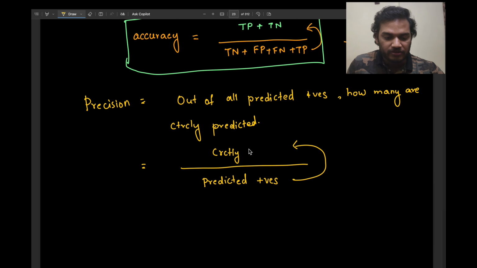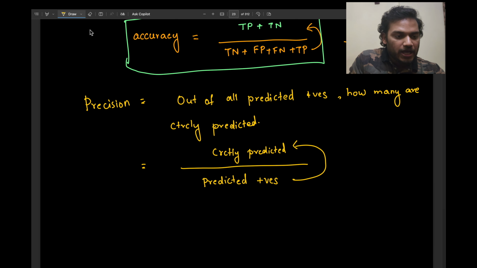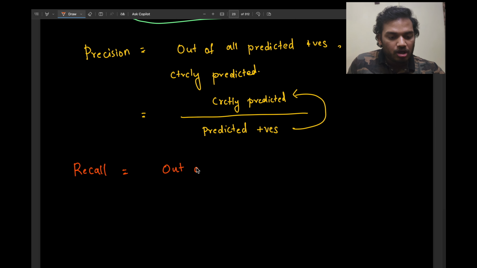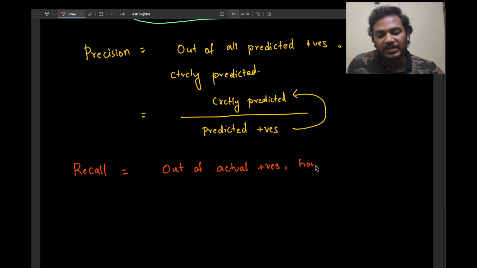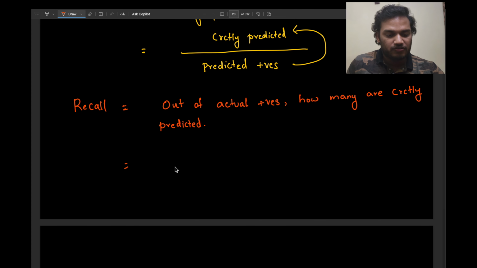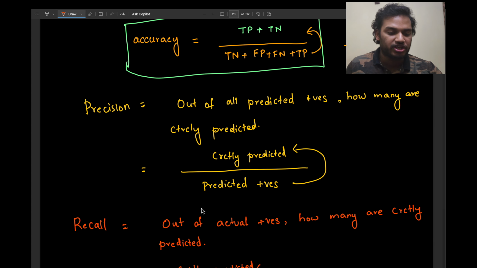So this is about precision. Now let's see what recall is. Recall is out of all actual positives, how many are correctly predicted. This is my recall definition. In the denominator, we'll have all the actual positives. And in the numerator, out of all of these actual positives, how many are correctly predicted. This is about precision and recall.